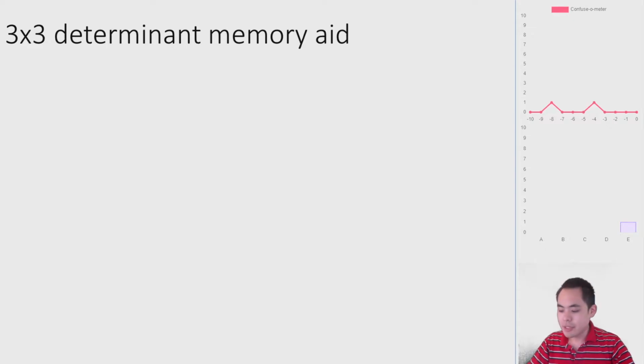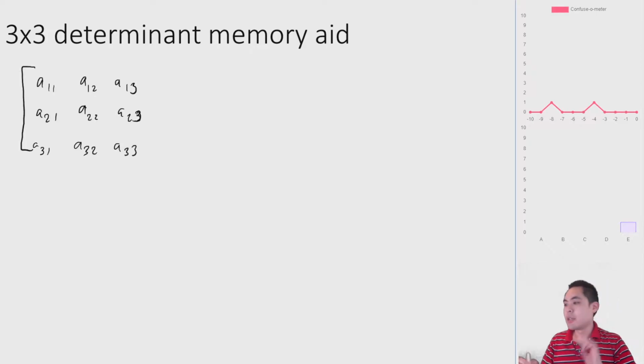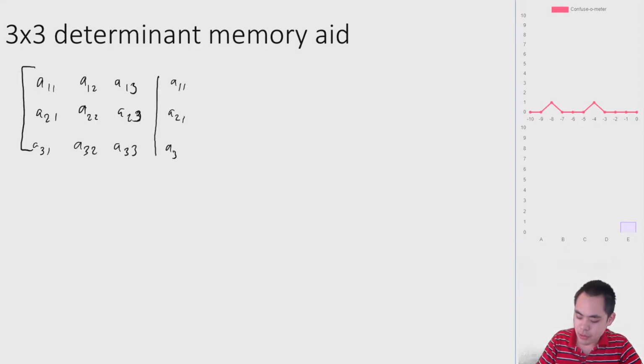And there's a relatively easy way to remember this formula. If you start with a matrix, A11, A12, A13, and A21, A22, A23, and A31, A32, A33, we're going to augment it by putting another copy of the first two columns: A11, A21, A31, A12, A22, A32.